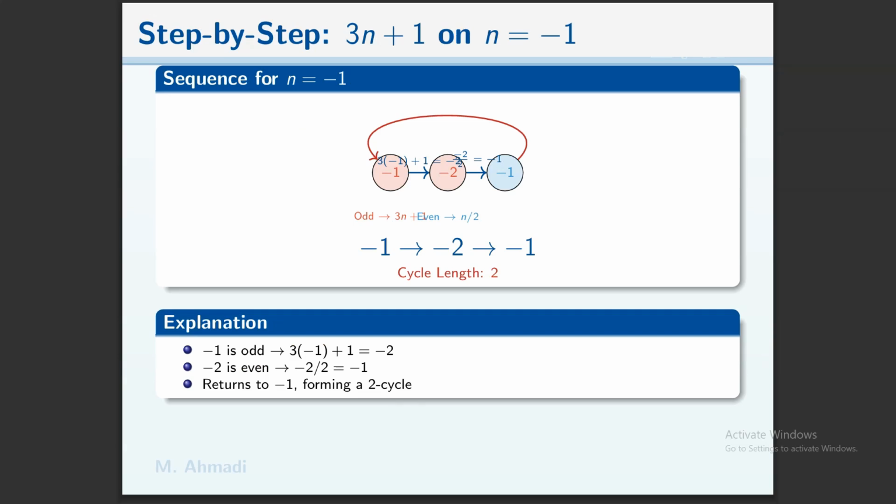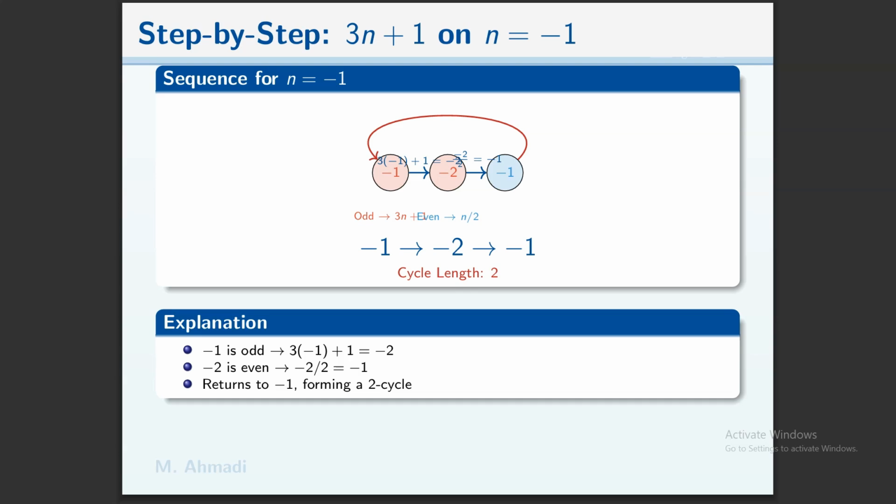Here we can see step by step 3n+1 on n equals -1. If n is -1, which is odd, then 3 multiplied by -1 plus 1 is -2. So after -1, it enters -2. -2 is even, then -2 over 2 is equal to -1.